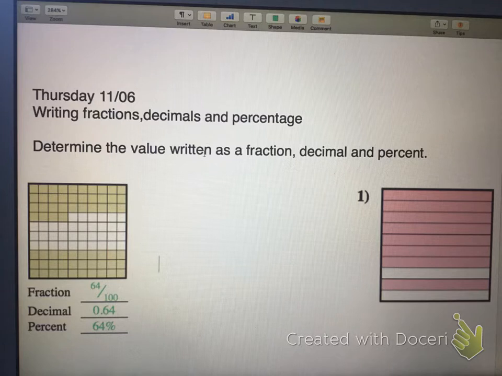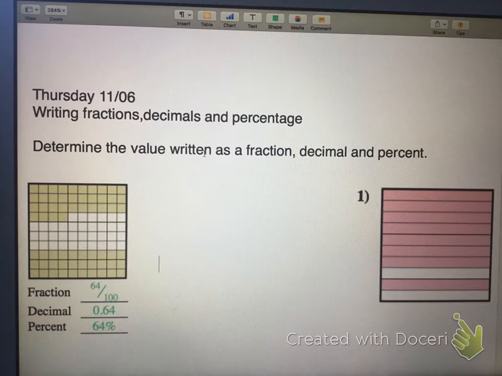What we're going to be getting into today is writing fractions, decimals, and percentages by looking at various images that are showing us fractions. Okay, and on the screen over here we have an example that I'm going to explain through, and then I'm going to do another example to get you started with your activity.